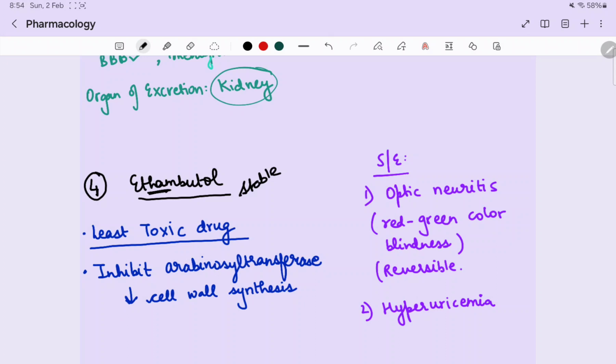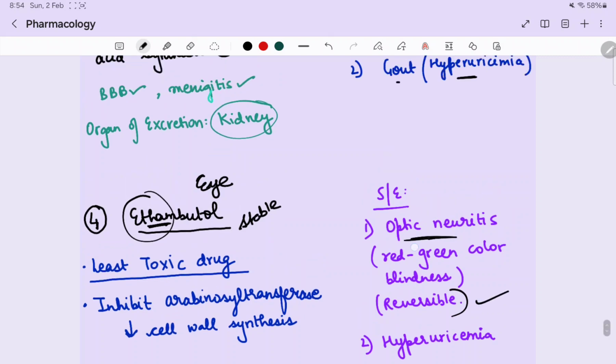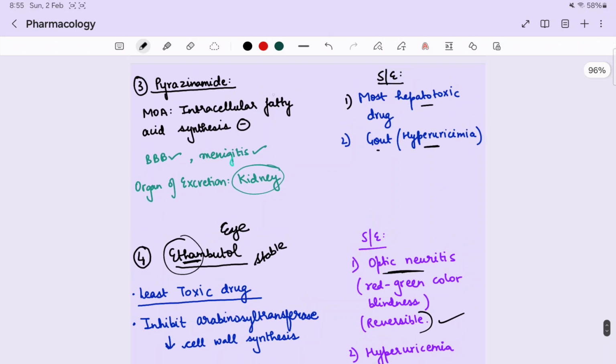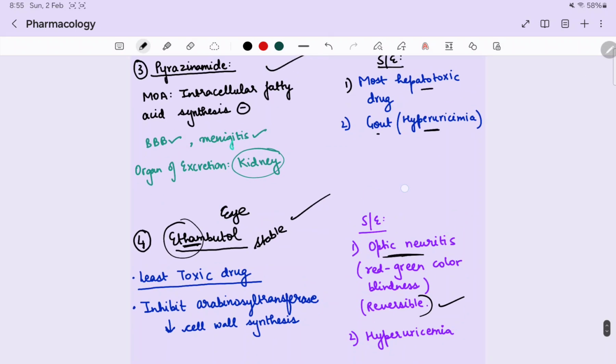What are the side effects of ethambutol? It is responsible for optic neuritis, that is red green color blindness, and it is also reversible. And hyperuricemia. So now you learn that two drugs are causing hyperuricemia, pyrazinamide and ethambutol.